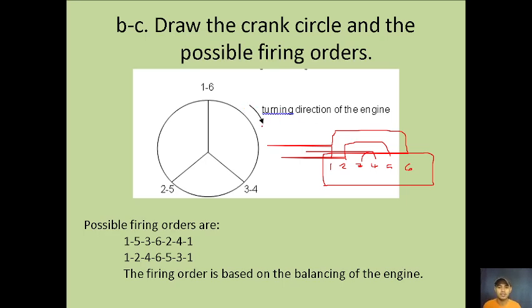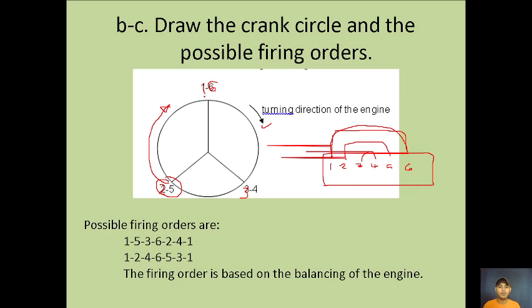As you can see, this is clockwise. We put number 1 here, and the next cylinder that will move upward is this one, so we put number 2 here. Then we put number 3 here. Since 1 and 6 are running mates, we put 6 on this side.